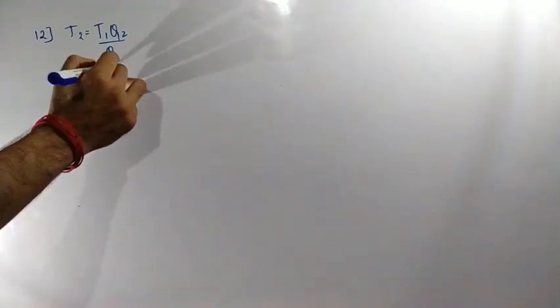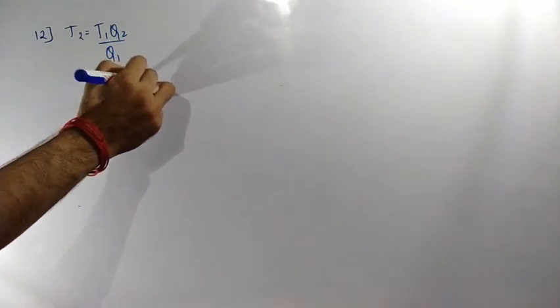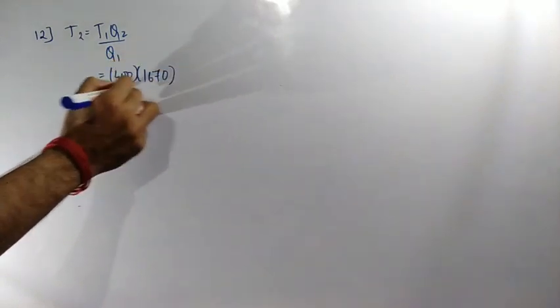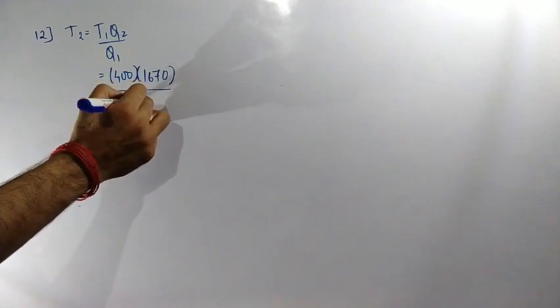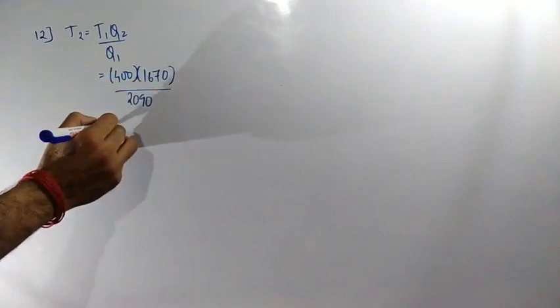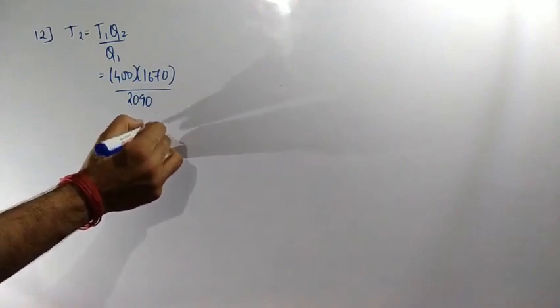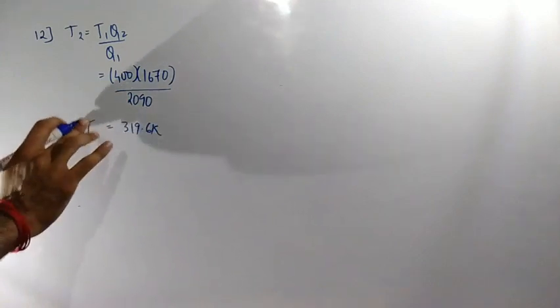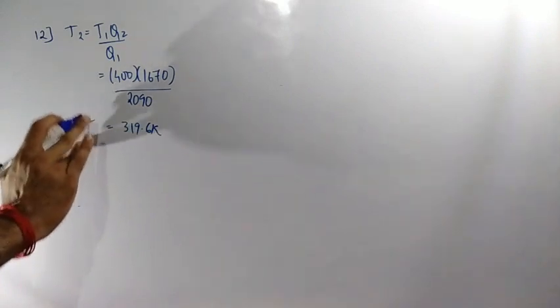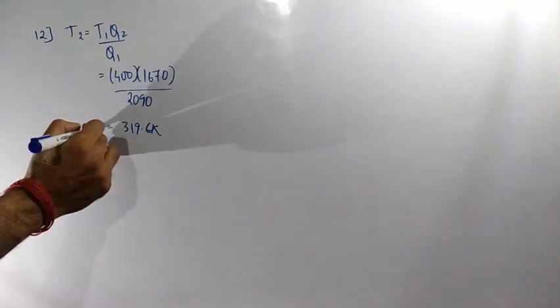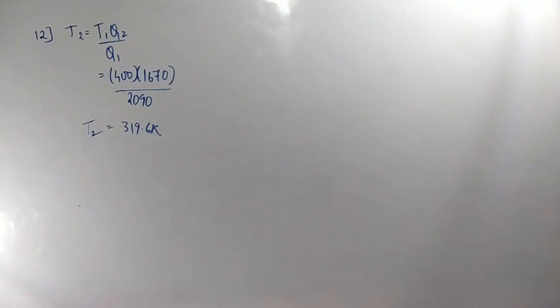T1 value given to us is 400, Q2 is 1670, Q1 is 2090. If you calculate this ratio you are going to get 319.6 Kelvin as the temperature of the sink T2.